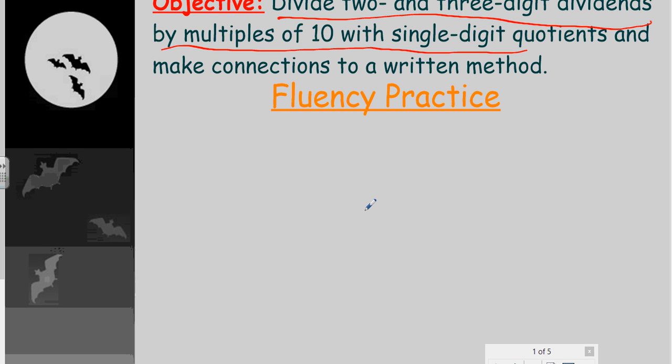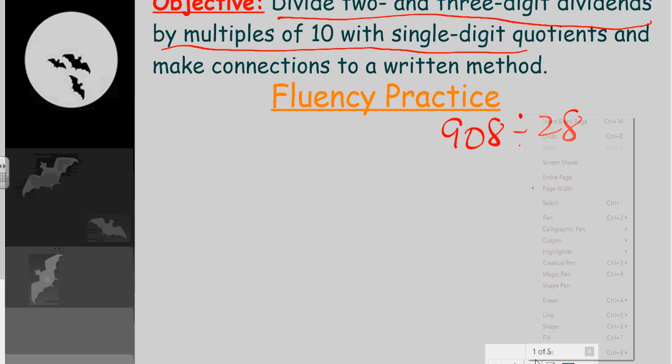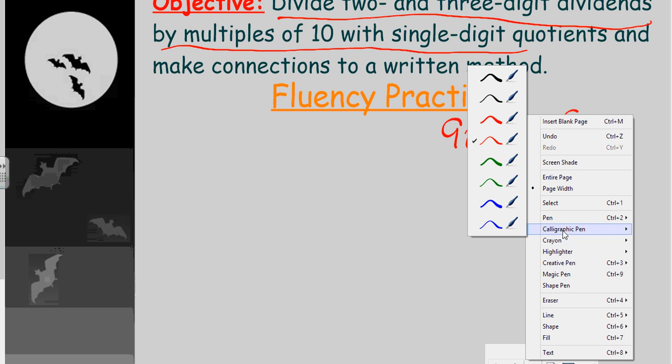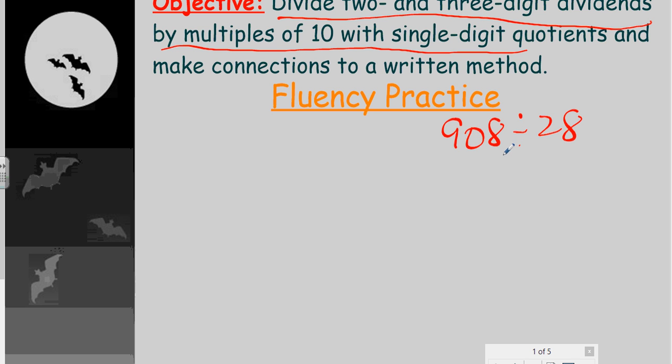First, let's do a little bit of fluency practice to remind ourselves what we did the other day. And the other day, I believe, is the day before last, but we'll see how your memory serves you. For example, we looked at problems like 908 divided by 28. I noticed they both end in 8s, not that that really means anything here. However, 28 is very close to 30. And if you recall, we started to round that divisor to a number that makes this easier to divide.